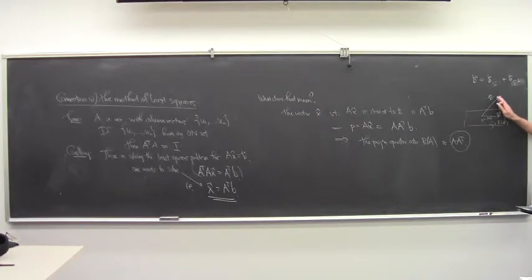And then what we showed was that this thing was the vector in RA that was closest to B, right?